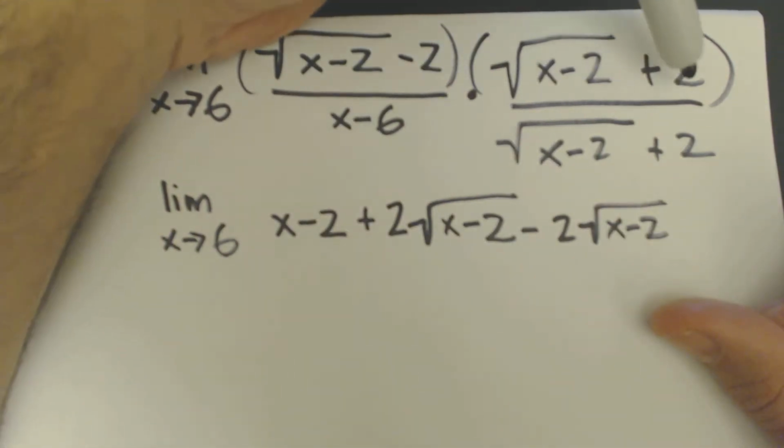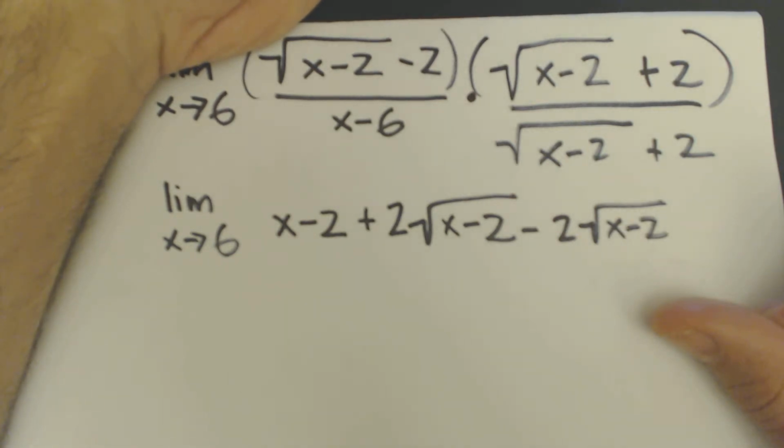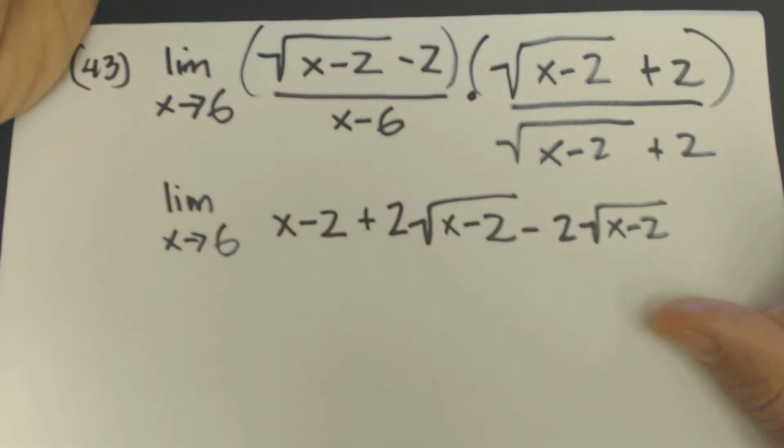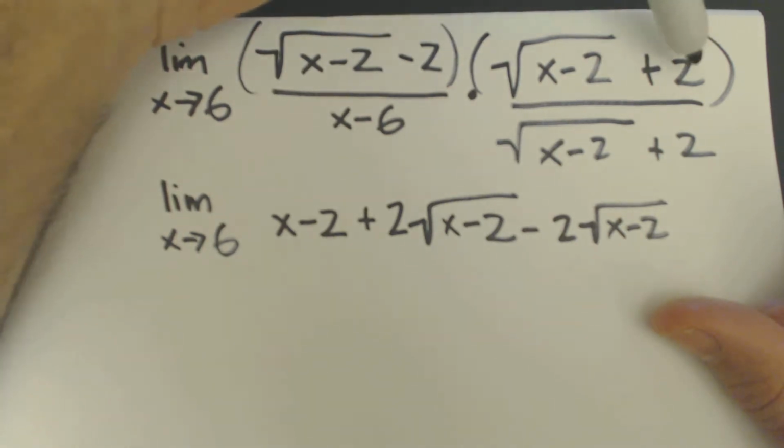And then the last terms. Sorry, I hadn't thought about this FOIL acronym since I was in 8th grade, I think. So forgive my memory. Anyway, the last terms, that's what the L in FOIL stands for. The last term, negative 2 times 2, that's going to be negative 4.